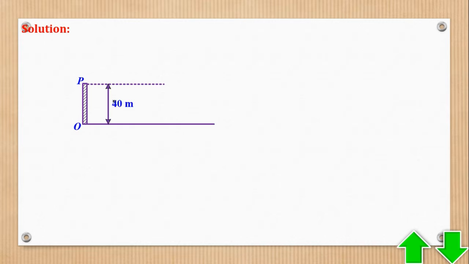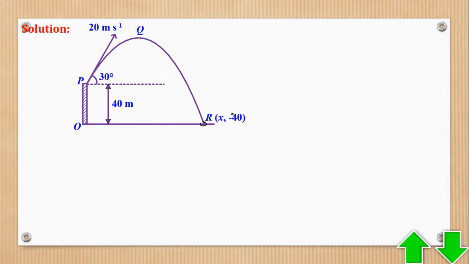Okay, so we shall do it slowly. So let us start from Roman 1. But first of all, we shall need an illustration. So this OP is now our cliff. They say it is 40 meters high. And the velocity was 20 meters per second and the angle was 30. Now we shall project using that velocity, and the particle will land at this point.